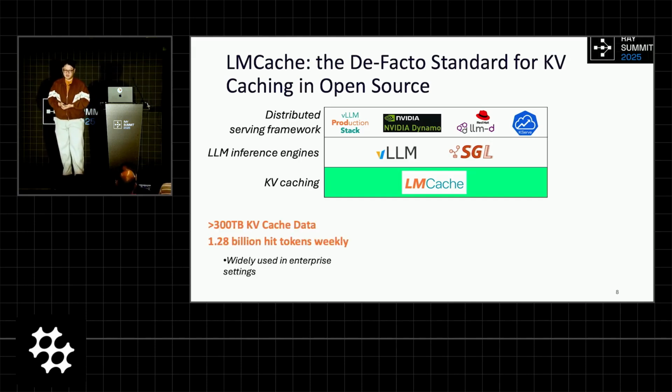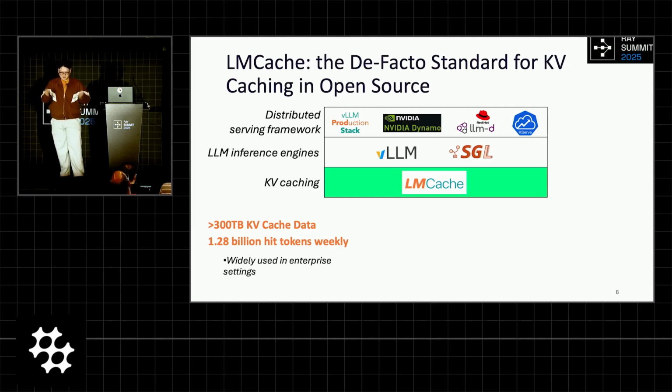We're putting some numbers here to support that we do need a separate layer for this. First, thanks to the popularity of LMCache as an open source project, we are receiving over 300 terabytes of KV cache data, and also 1.28 billion hit tokens per week.